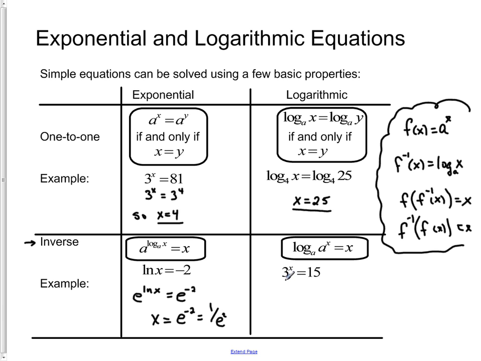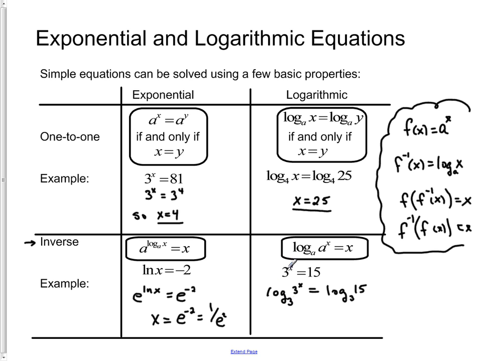How about this one? I've got 3 to the x equals 15. Now, this is different from the problem that we looked at earlier, because 15 is not a number that we can get by raising 3 to some even power. So what do we do? In this case, we take advantage of this property right here. If I were to take the logarithm of the quantity on the left, it should be equal to, and let's make it base 3 so that I have the same log, the logarithm base 3 of 15.